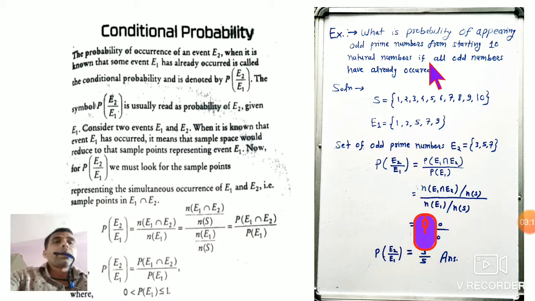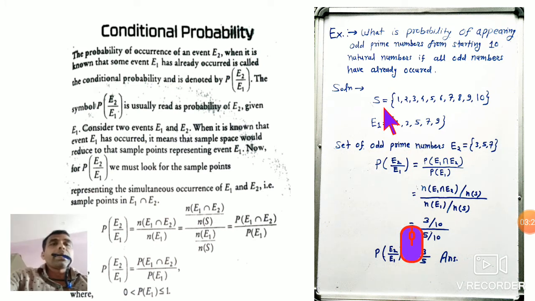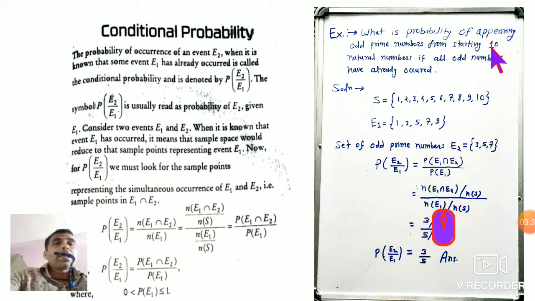What is our sample space? The sample space is also known as the biggest set of the question, the universal set in set theory. From 10 natural numbers, you write the sample space as 1 2 3 4 5 6 7 8 9 10.